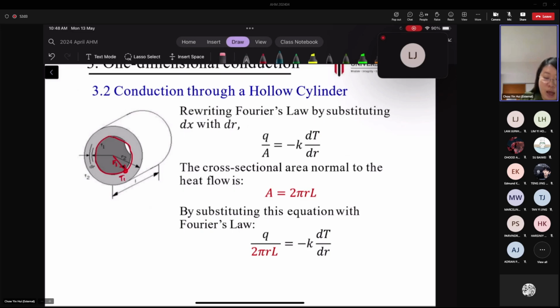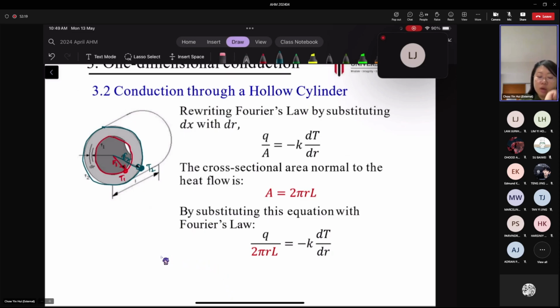Then we have the outer surface of the cylinder with a radius of R2, and along the whole outer surface it has a uniform temperature of T2.